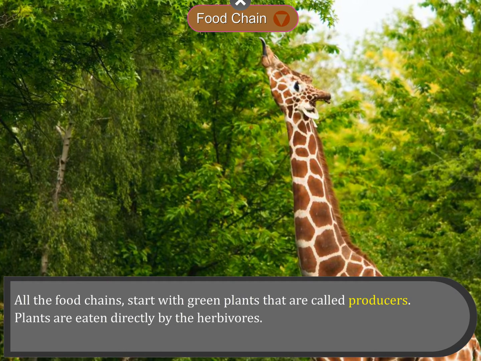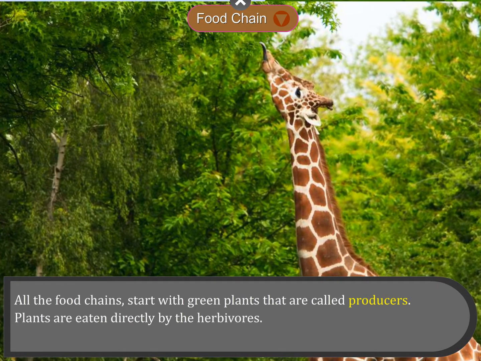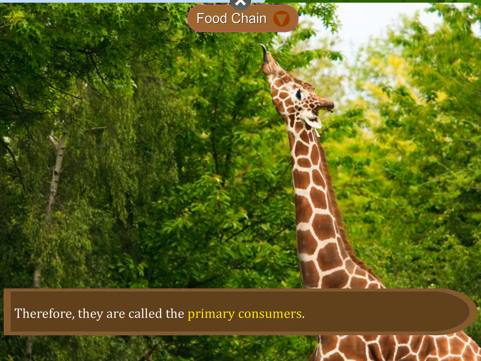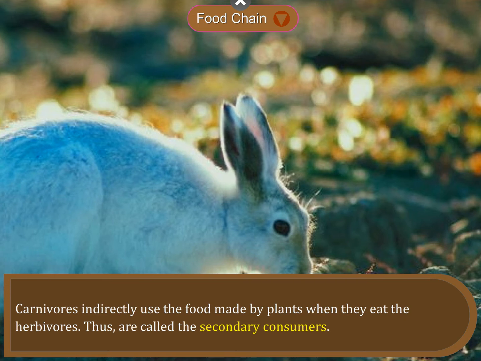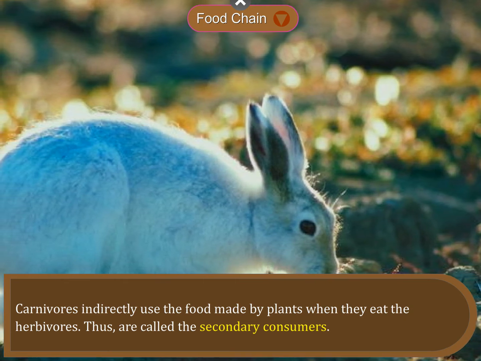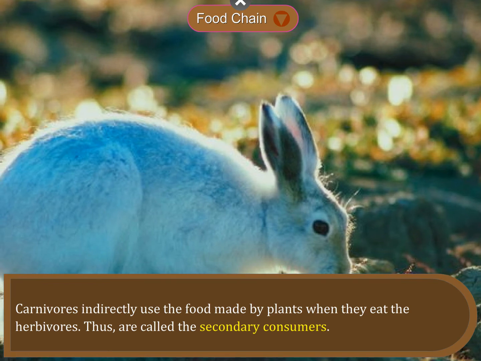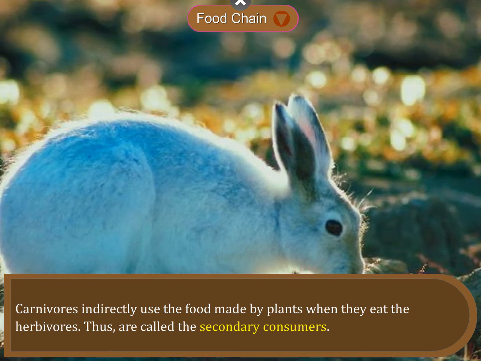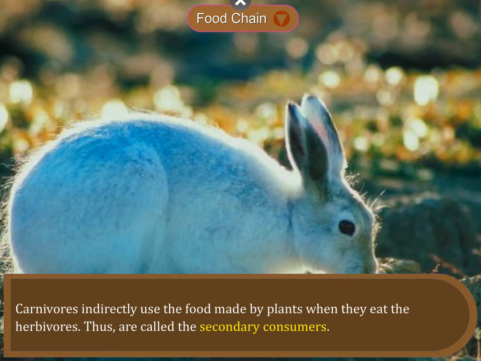Plants are eaten directly by the herbivores. Therefore, they are called the primary consumers. Carnivores indirectly use the food made by plants when they eat the herbivores, thus are called the secondary consumers.